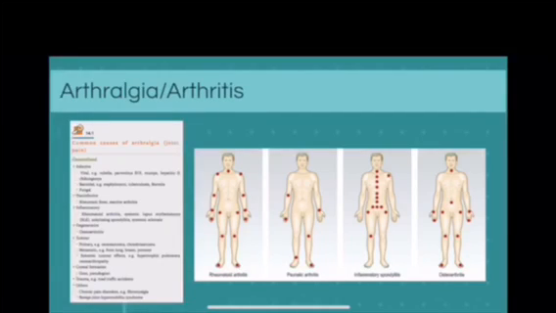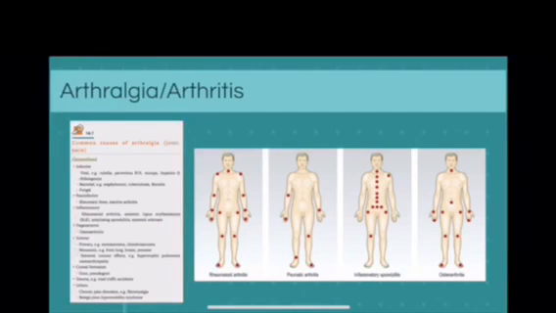So, we talk about arthralgia. You can have infection. You can have a post-infectious process like a post-streptococcal synovitis, or even rheumatic fever, of course. Reactive arthritis from a sexually transmitted illness. It could be degenerative. Just people are elderly and they've used their joints their whole life and they're wearing down.